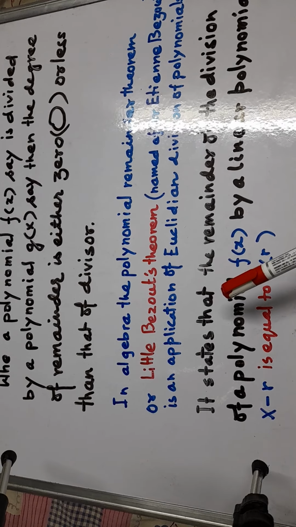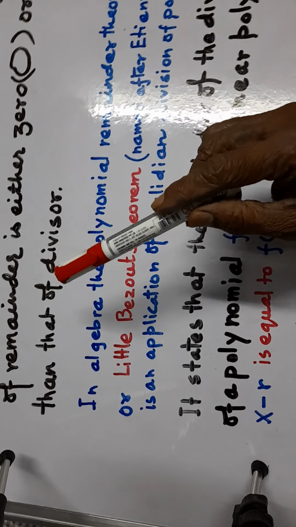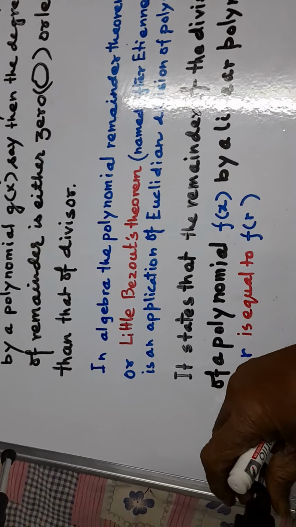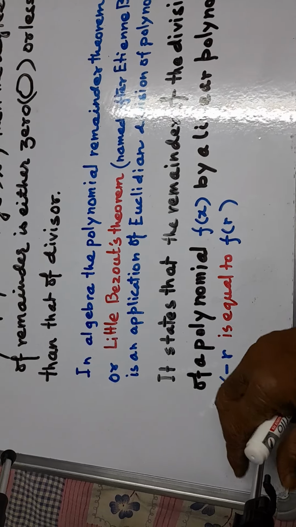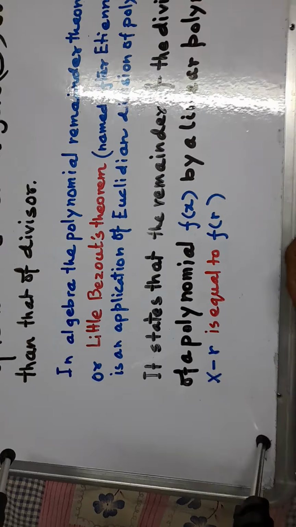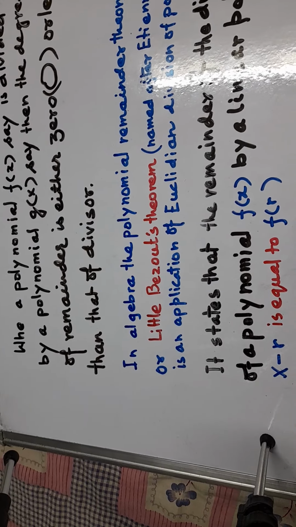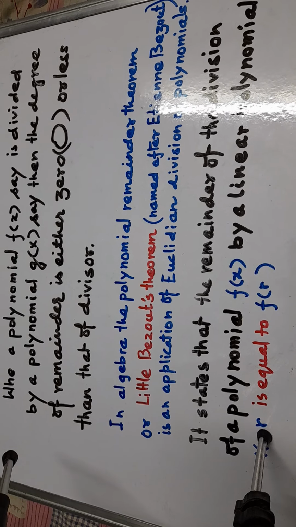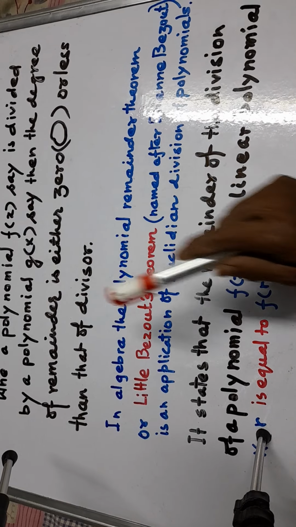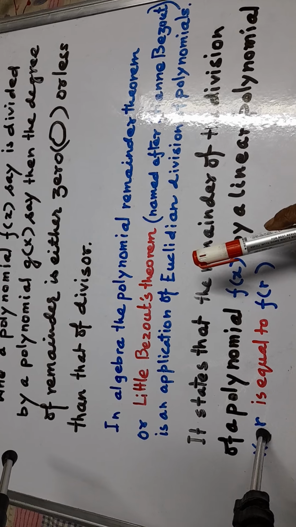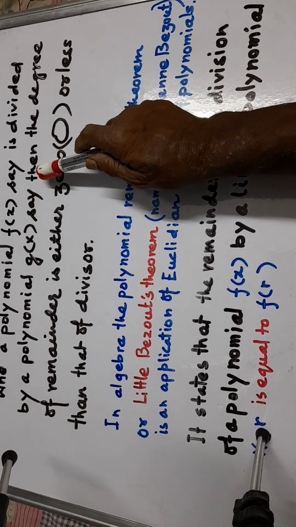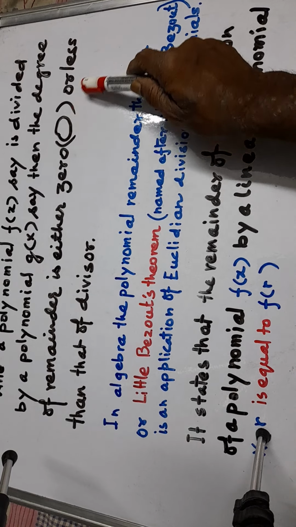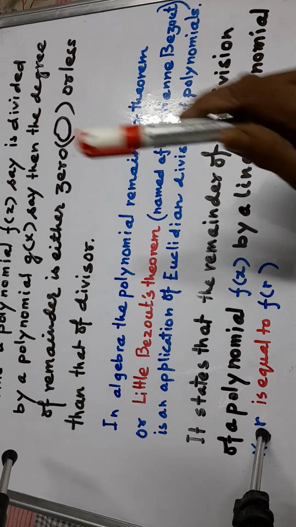What does it say? When a polynomial f(x) is divided by a polynomial g(x), then the degree of the remainder is either 0 or less than that of the divisor.